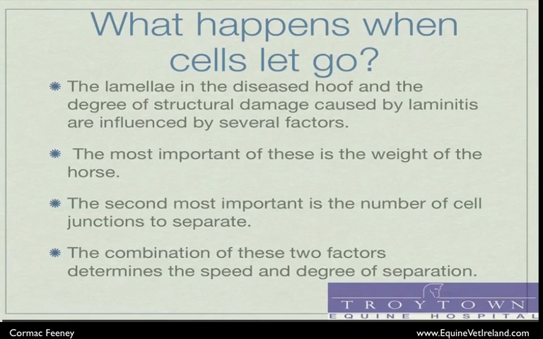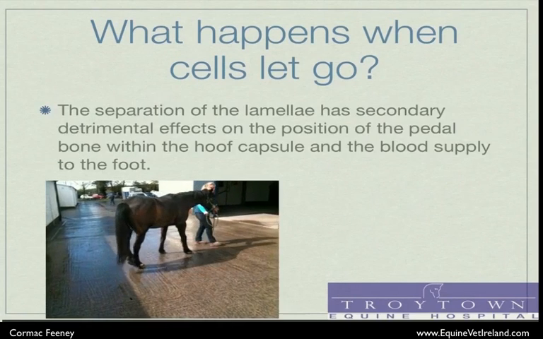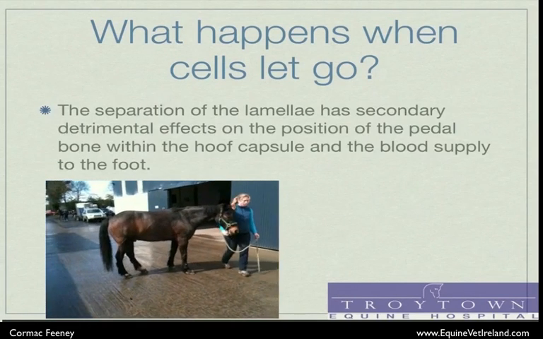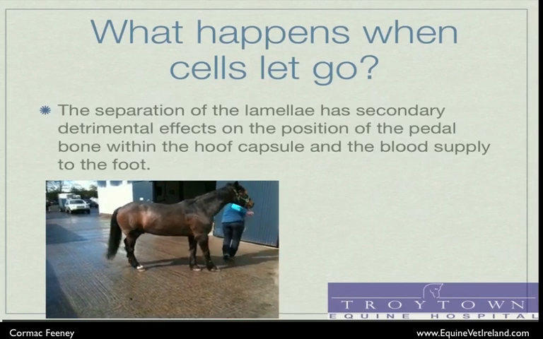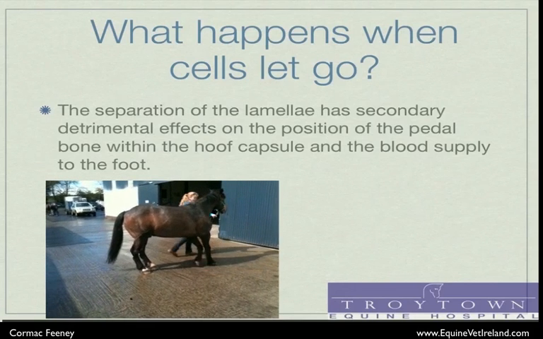The combination of these factors, i.e. the weight of the horse and the number of junctions to separate, will determine the speed of the separation and how the disease progresses.